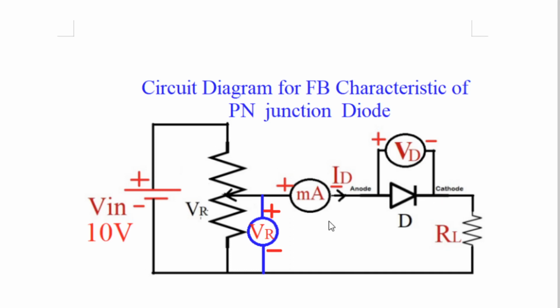And in this way, if the variable voltage is increased from 0.1 volt to 0.2 volt, 0.3 volt, 0.4 volt, till 0.7 volt, the diode is not conducting at all.